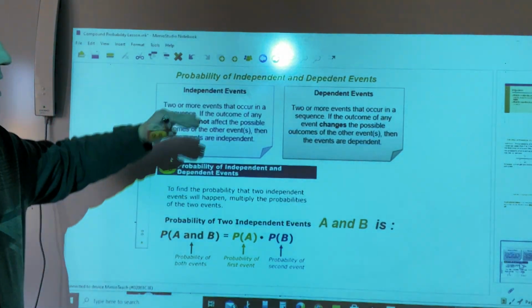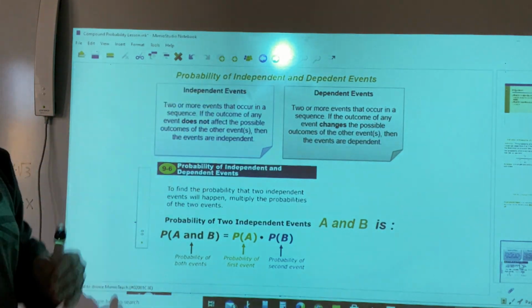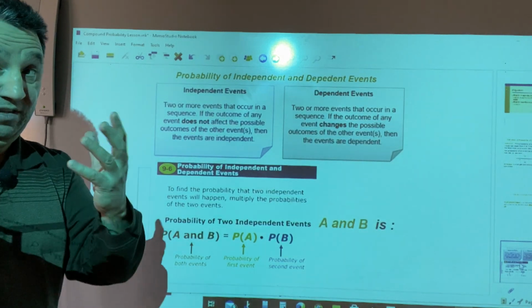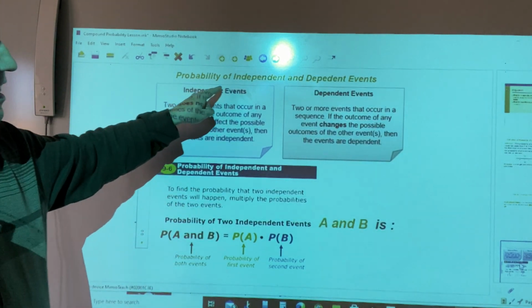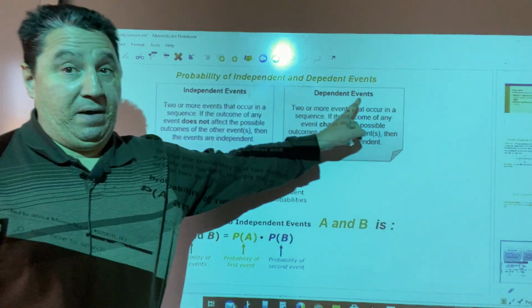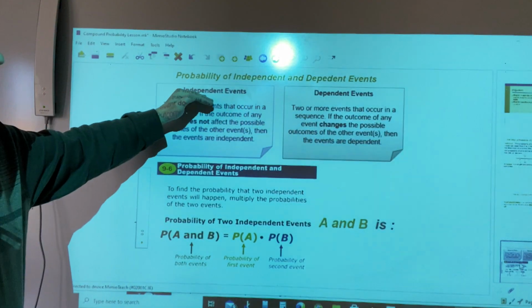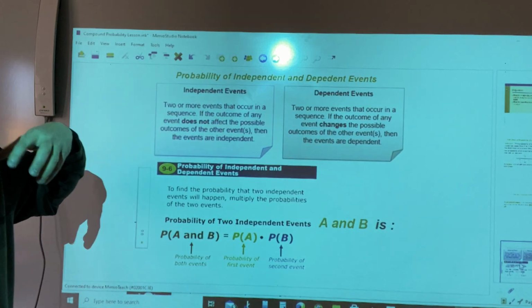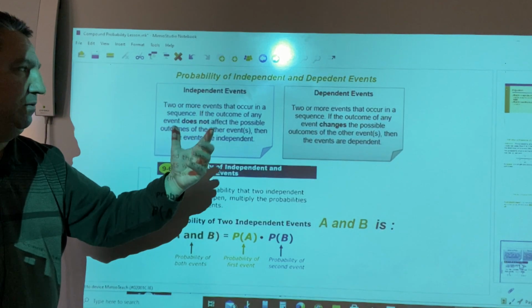Now, we have two main types of events, right? We have independent events and dependent events. Independent events are two or more events that occur in a sequence.